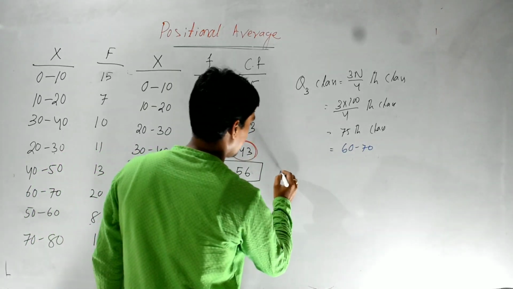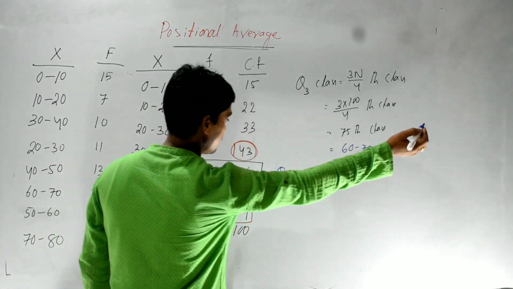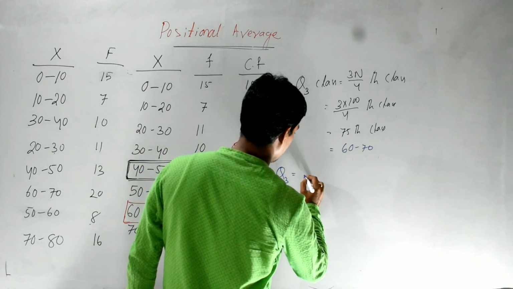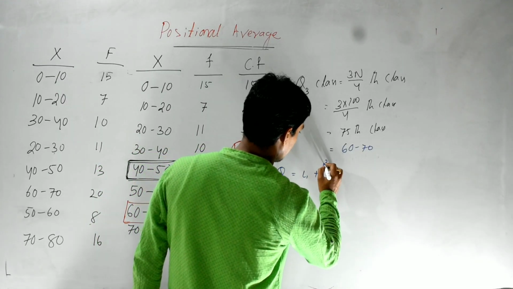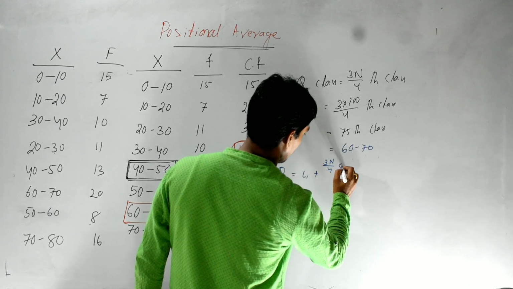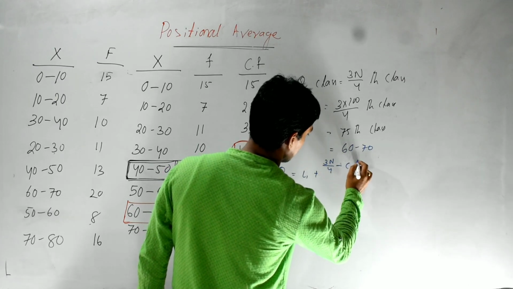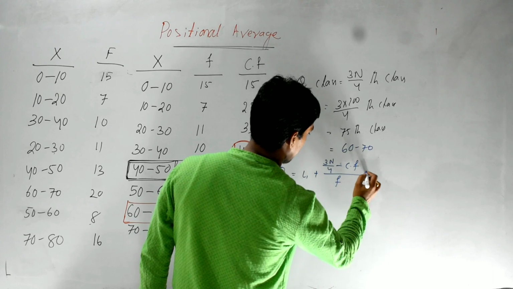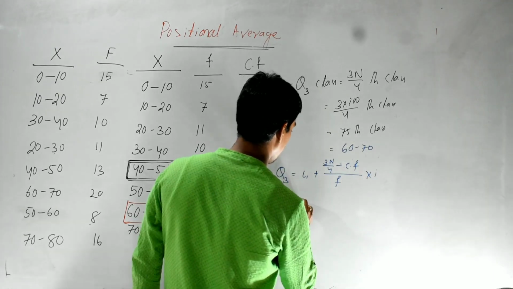Now we can calculate Q3, that is Q3 equals L1 plus 3n by 4 minus CF, divided by F, into i.